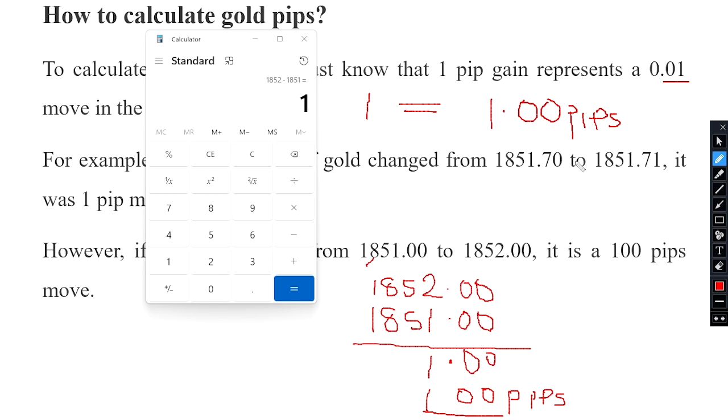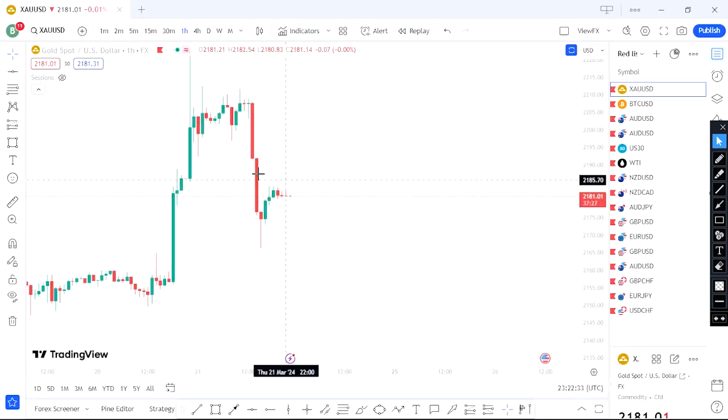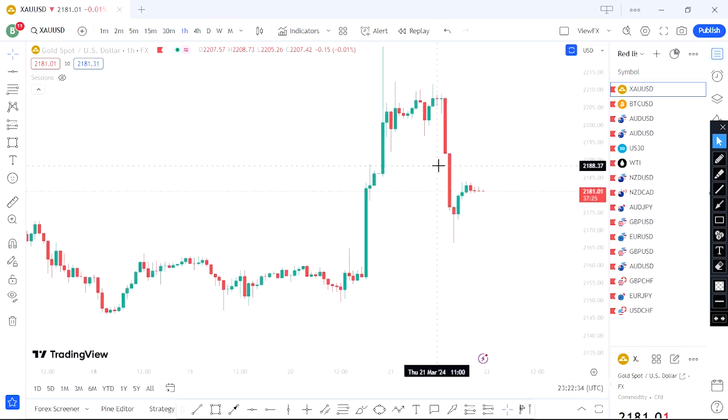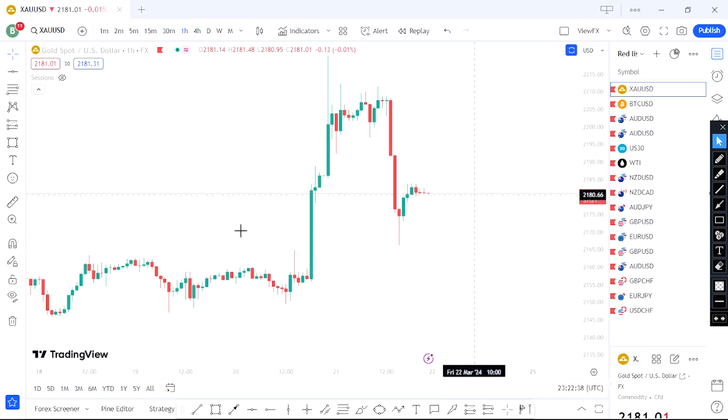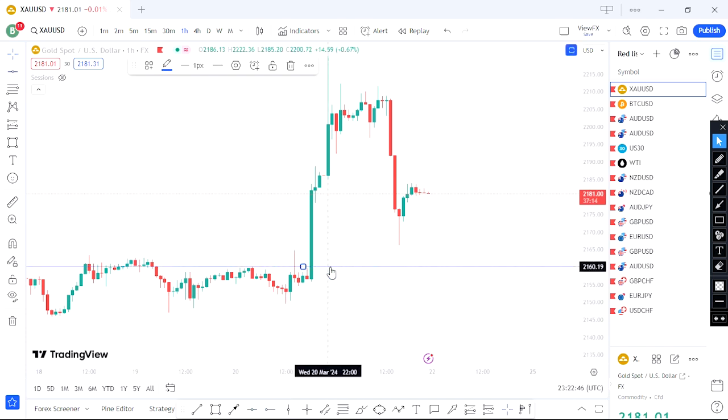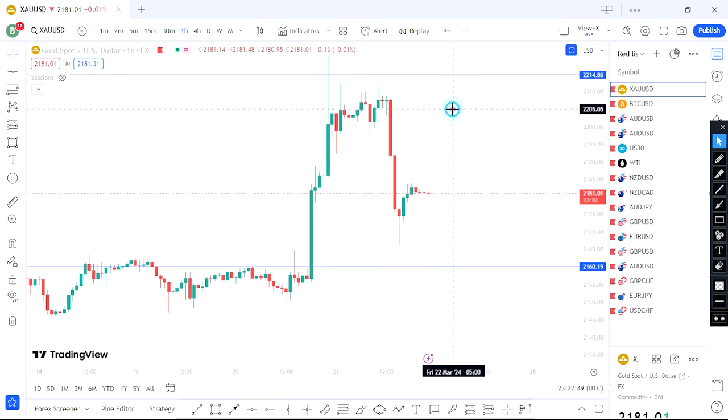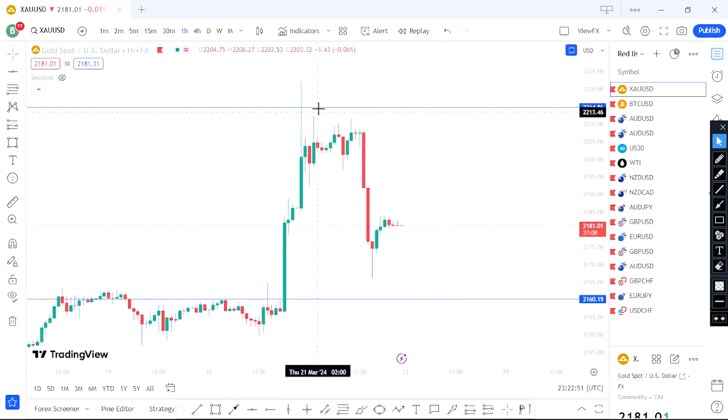Okay, so let's go to the chart and see some live examples. So here we are on gold on 1 hour. Let's say, for example, we entered this up move somewhere here, and we put our take profit level here at the top. So let's check for the pips between these two prices.